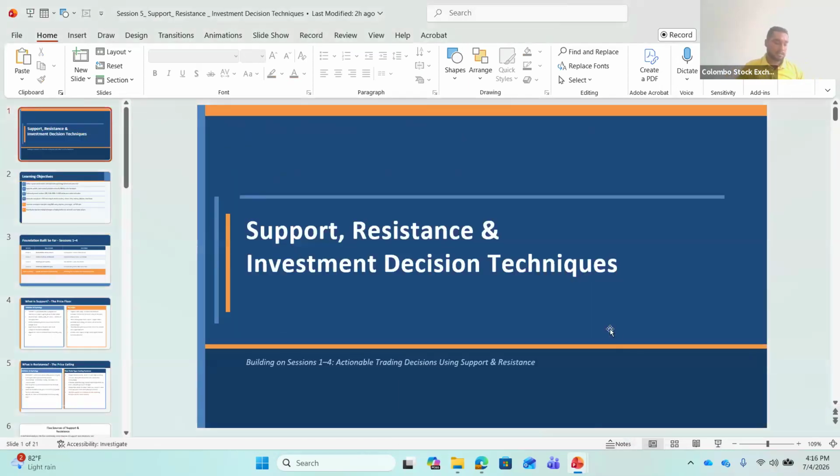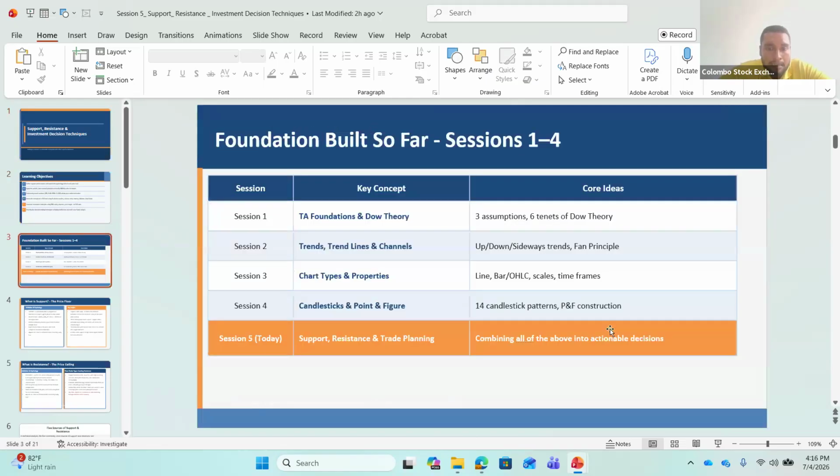Here, what we'll discuss is support and resistance in detail, and we will also look at how we can actually build a trading strategy with all the tools that we have learned so far. Up to this point, we have discussed key concepts like the Dow theory and trends, trend lines, channels, and chart types and properties.